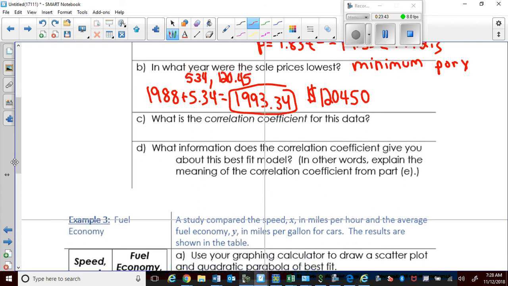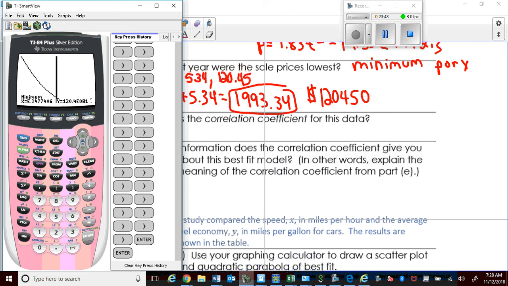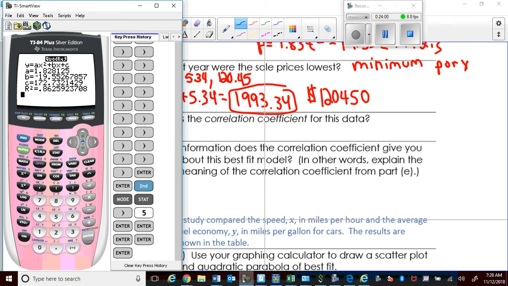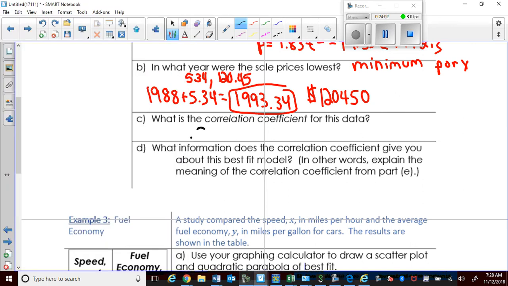What is the correlation coefficient for the data? We're just going to go back to the calculator, graphing calculator, press second mode, and go to stats, and then just go back over to quad regression. So we can calculate this R value. And my R squared is 0.86. So this data is very close to the absolute value of 1. R is very close to the absolute value of 1.